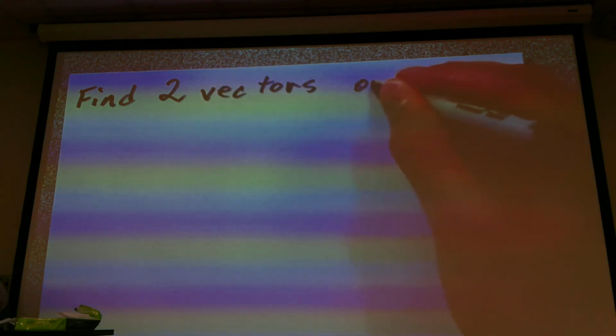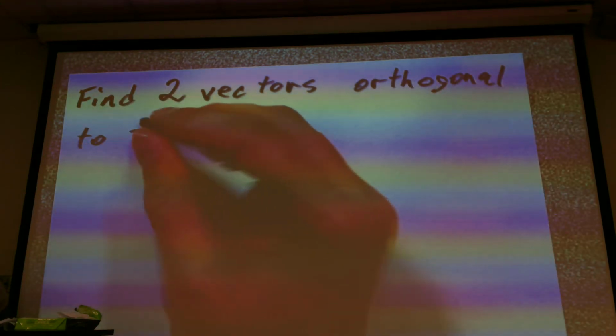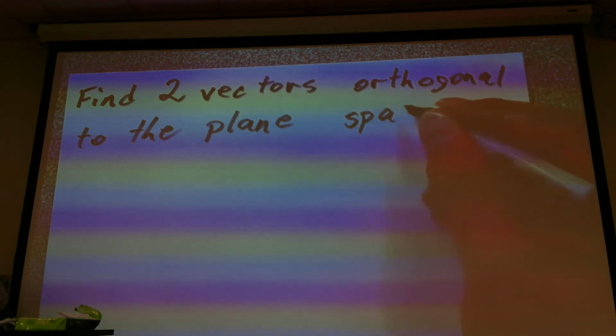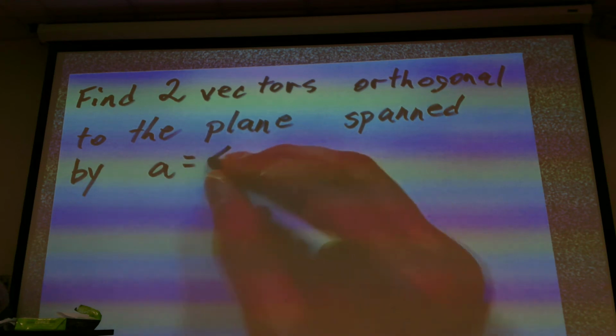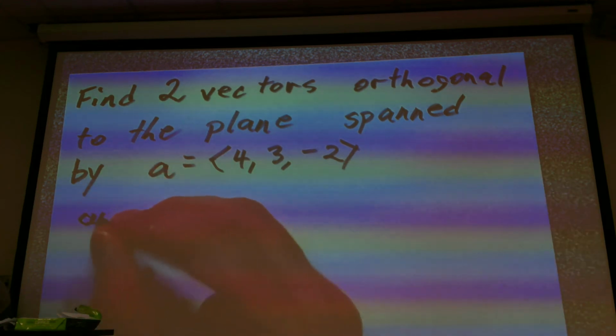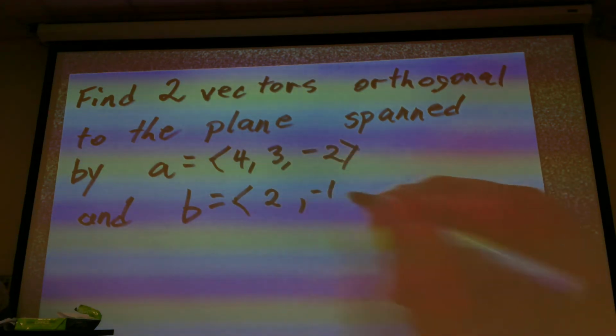Let's say, find two vectors orthogonal to the plane, say A, which equals 4, 3, -2, and B, which is going to equal 2, -1, 1.